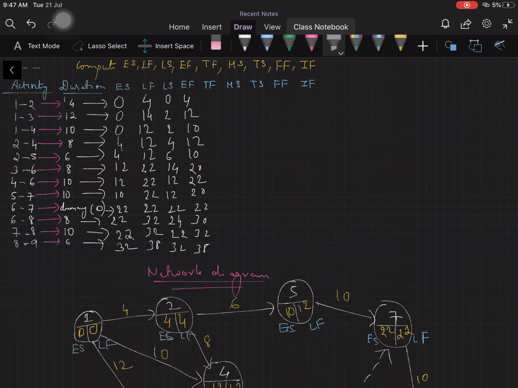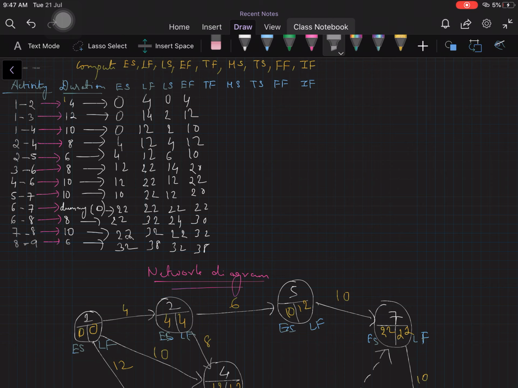Now we have total float. Simple. Total float is very easy. Basically it is the difference between early start and late start. You can either go with late start minus early start, or late finish minus early finish.